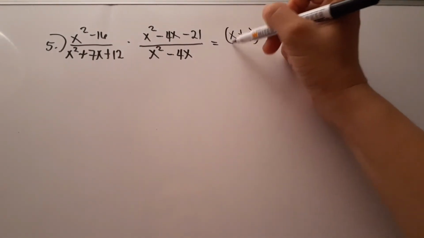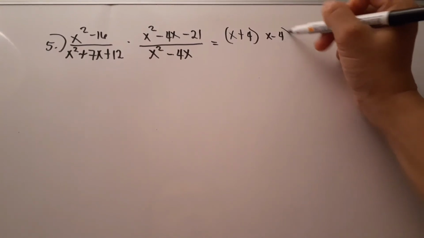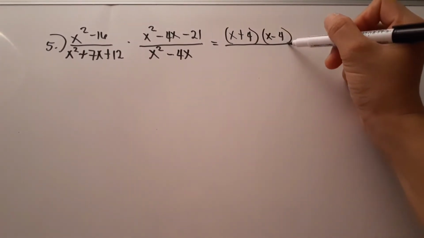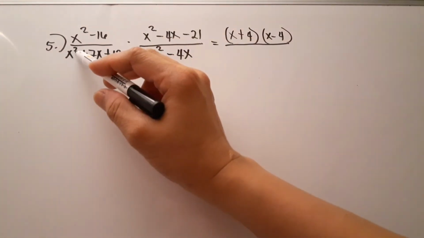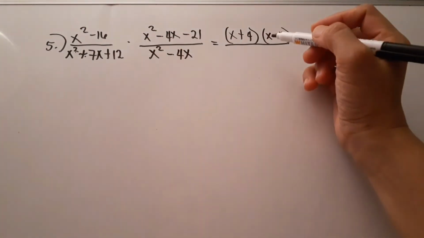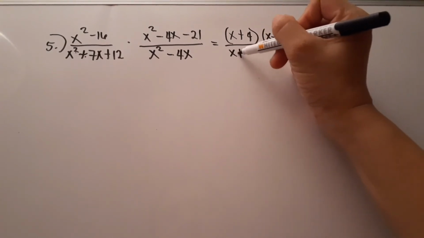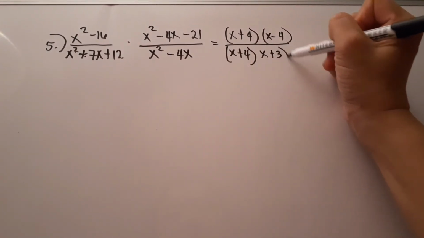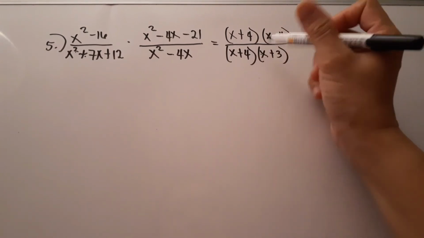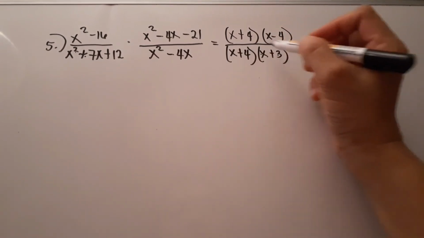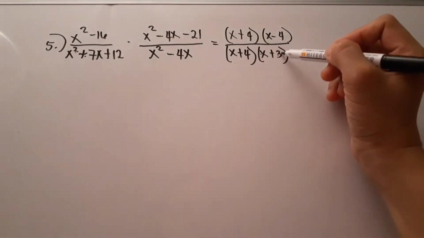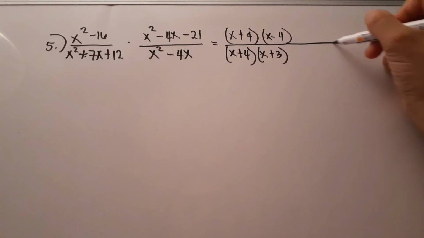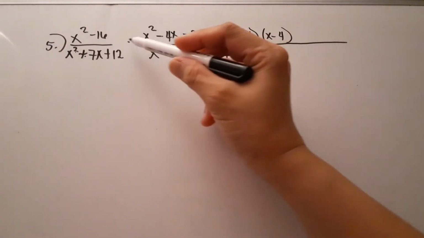So we have x plus 4, x minus 4. This is the difference of two squares formula. So our factor is x plus 4, x minus 4, and then the other factor of the denominator we have x plus 4, since x times 3 becomes 3x plus 4x, so 7x, so this will be our factor.